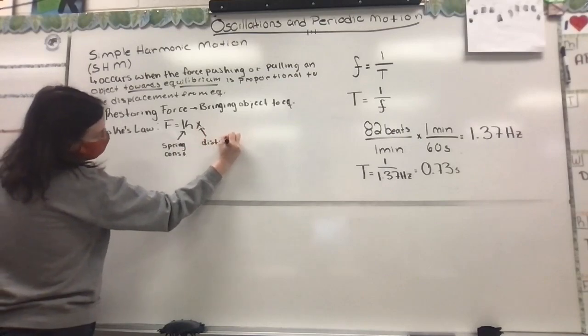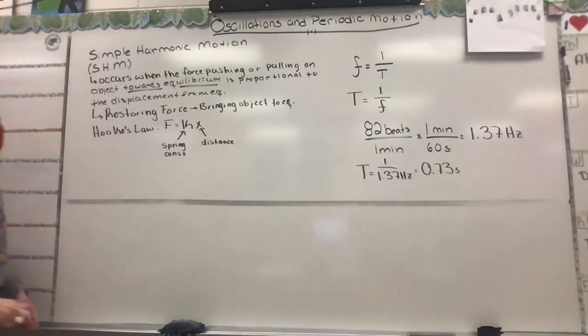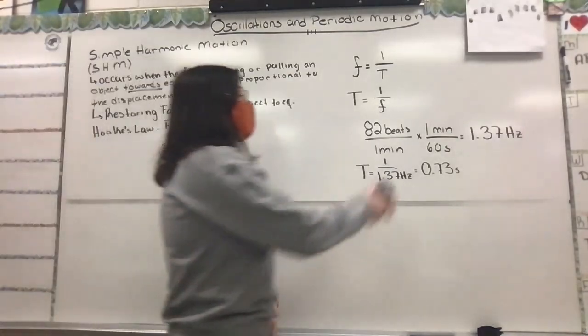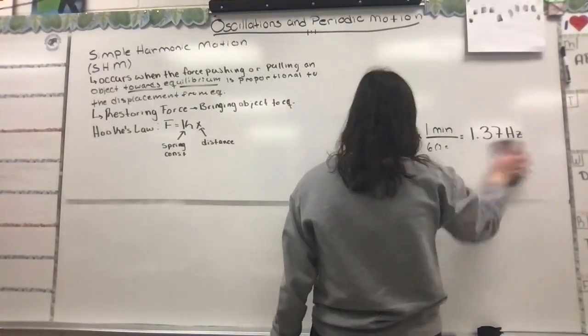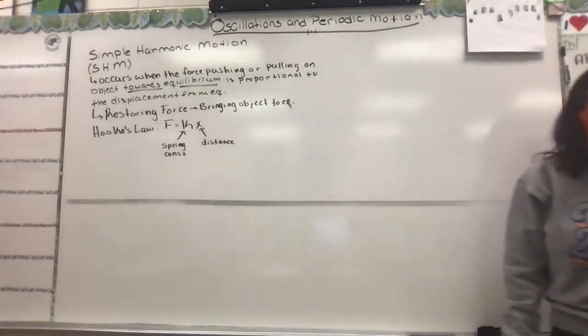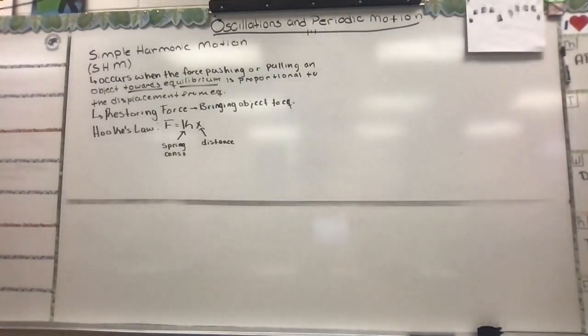Distance. Perfect. So we've got the spring constant and distance. And here, we are going to draw a pretty extensive picture and talk through some conceptual stuff. So make sure to pay attention and ask questions as we go if you get confused, okay?